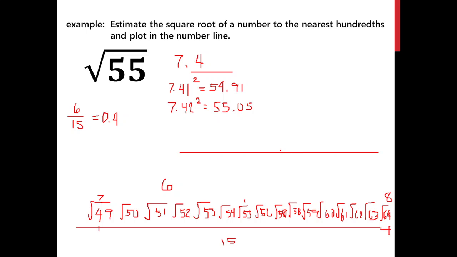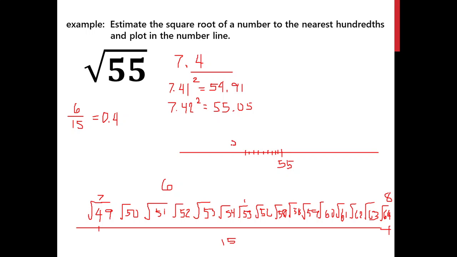Say for example, here is my 55. So 7.41, I mean, 54.91 is 9 units away from 55. So that's 1, 2, 3, 4, 5, 6, 7, 8, 9.